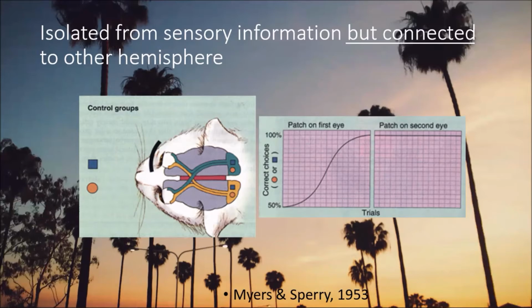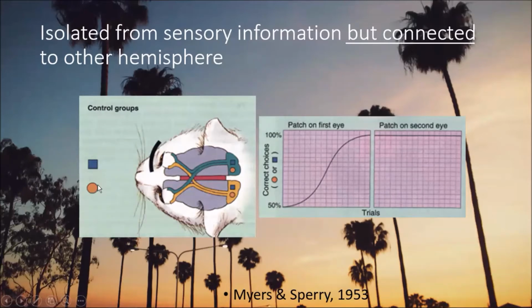Not unusual. Okay, so here's a study where they blocked the perception of one eye and had everything else intact, so that you're just training one eye. You can think of the hemisphere connected to that eye on a discrimination task, like there might be cat food behind the door: push the lever with the circle and not the square, or the square and not the circle, for the food to be distributed.